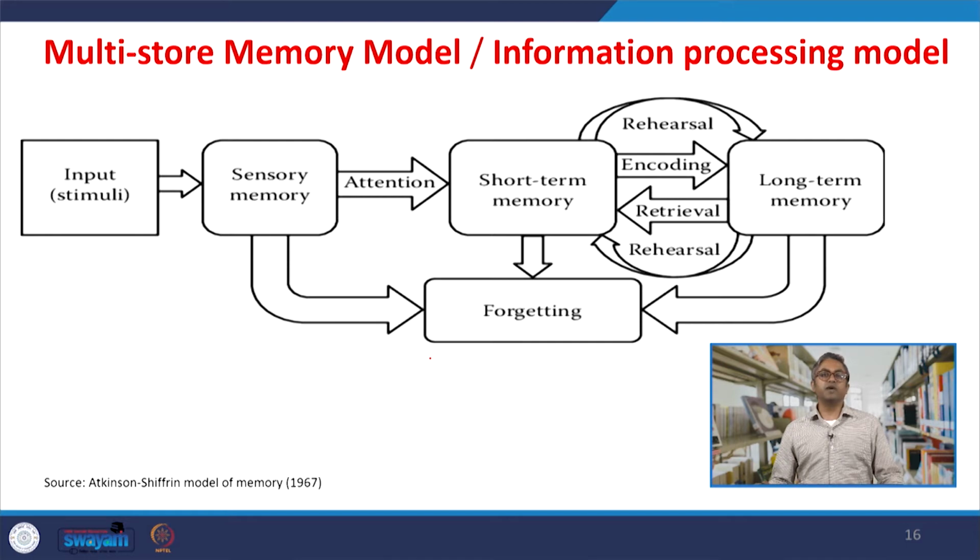Now, once we pay attention to any of these sensory information, it moves into short term memory for a brief period of time. This short term memory duration is less than 20 seconds. But recent literature suggests that upon rehearsal, repetition, and recalling this information, it may extend from 30 minutes up to 3 to 4 hours.